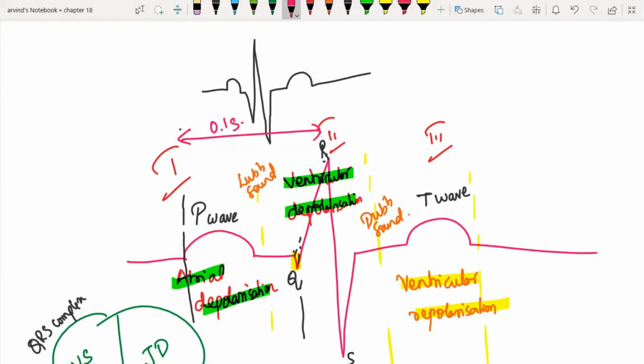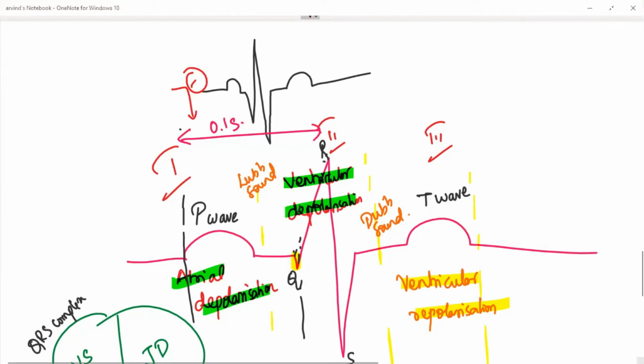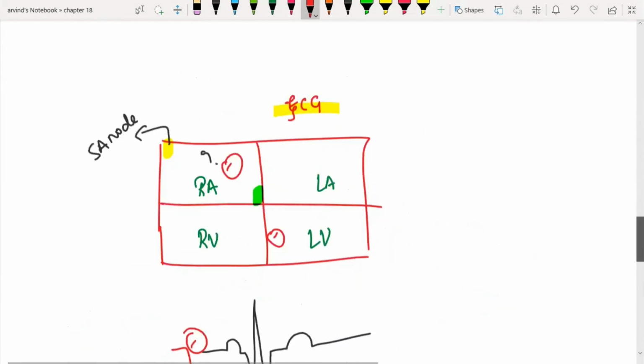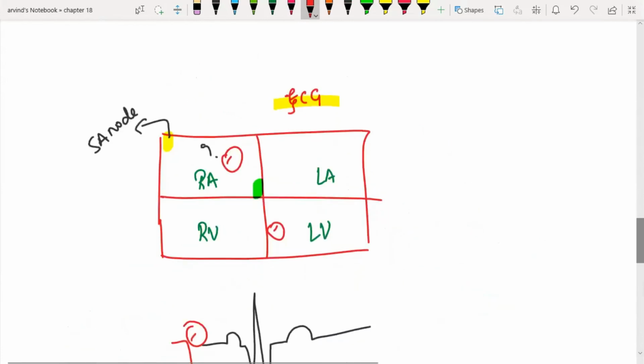Why did I mention the PR interval very specifically? Because of a very important clinical condition. Now, you need to understand when the ventricle will begin to contract. For this, let us take this picture. The SA node, yes, it's the pacemaker.